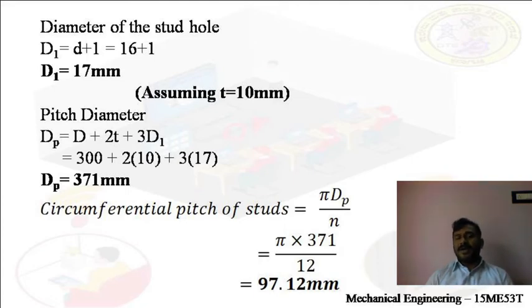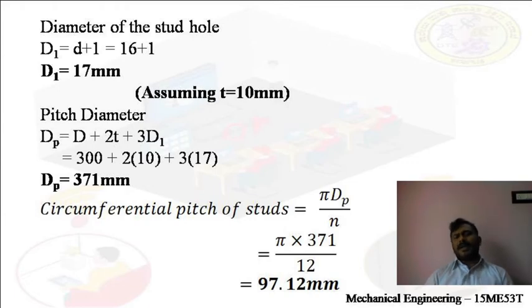And next we are going to calculate the pitch diameter, that means the pitch circle diameter of the studs. That is dp is equal to D plus 2t plus 3 D1. That is equal to, D is the diameter of the cylinder, 300 mm, t is the thickness of the cylinder wall. In general, we are going to assume this thickness of the cylinder wall as 10 mm.